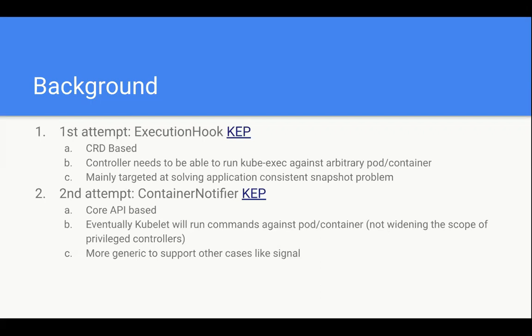Kubelet already has all the necessary access to run those commands against any arbitrary pod and container on that particular node. And it is also meant to support other, more generic use cases. This is the second attempt. But we received a good amount of feedback on the second attempt, so we had a couple more rounds of discussion. Then we had a second and third attempt.